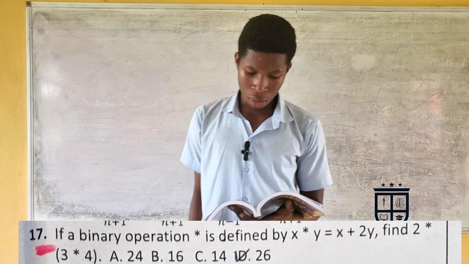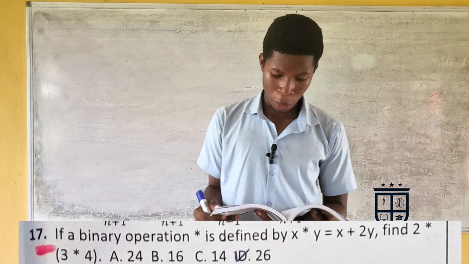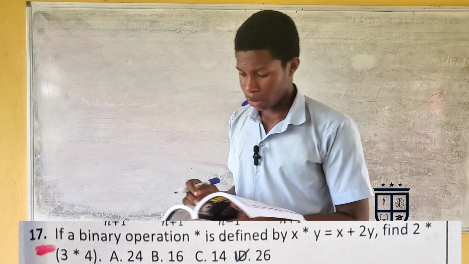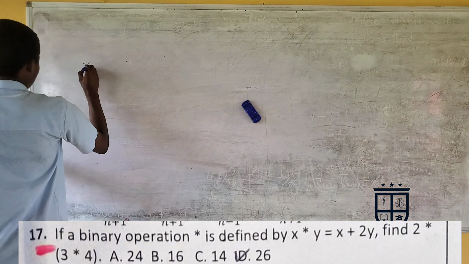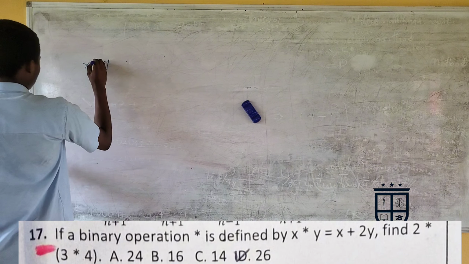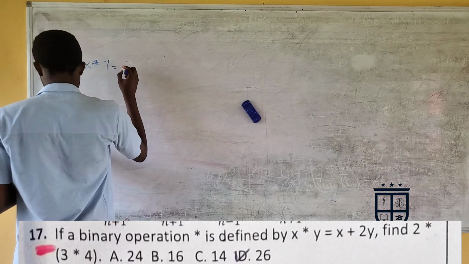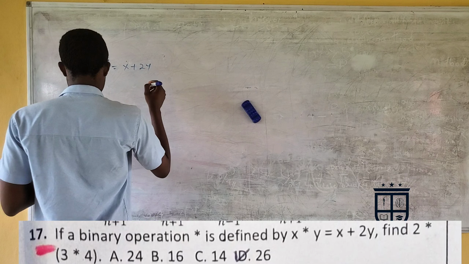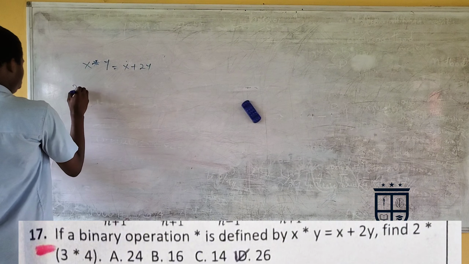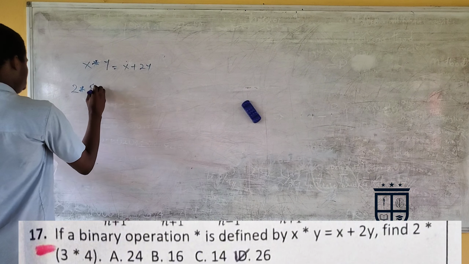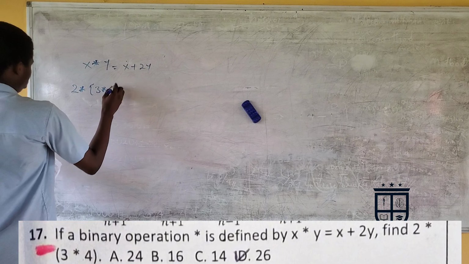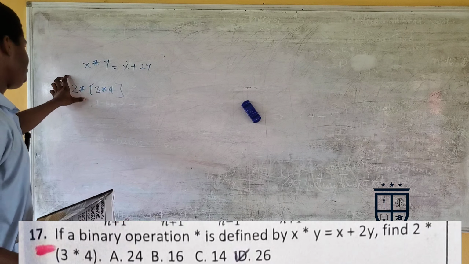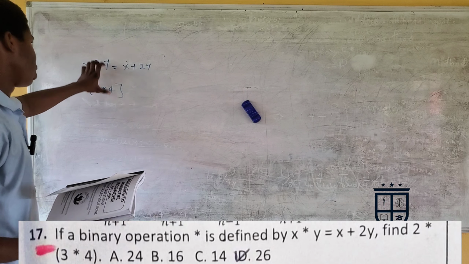If a binary operation is represented with a binary multiplication, we are presented with this function: x * y is equal to x plus 2y. Find 2 * 4. What we're expected to do is to take these parameters. This represents x and this represents y.